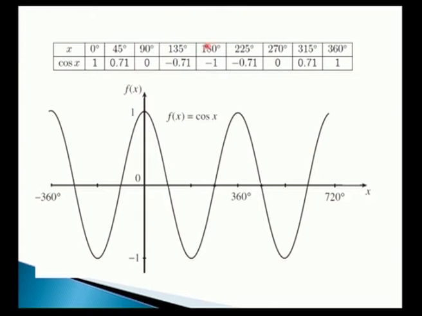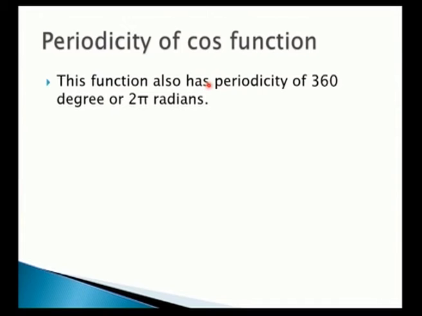So, whether the x value is positive or negative, cos function repeats its style. So, cos function is periodic both in negative domain and positive domain. Then the periodicity of this cos function is 2 pi, that is 360 degree or 2 pi radians.